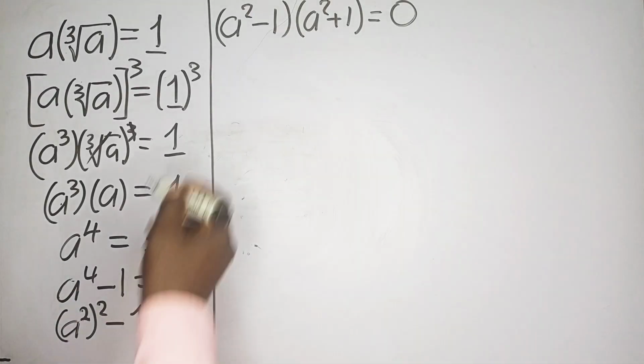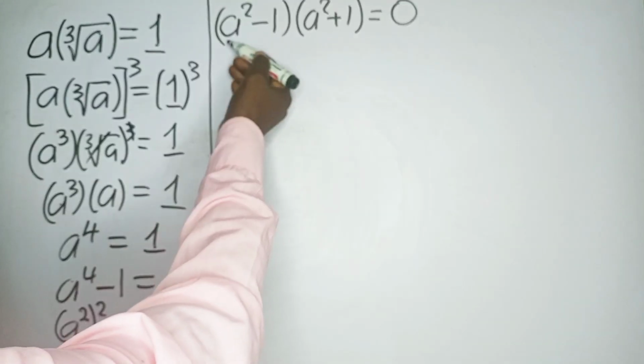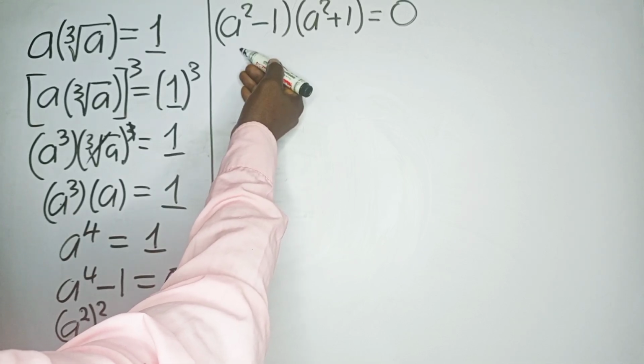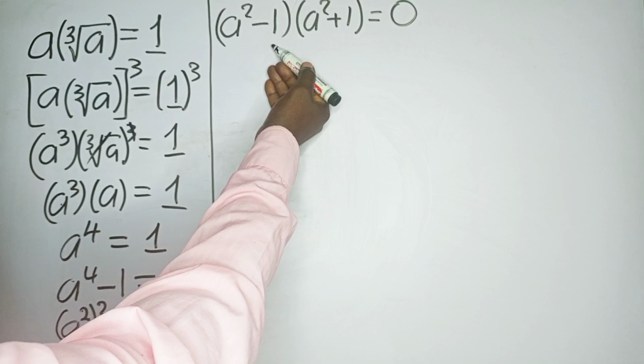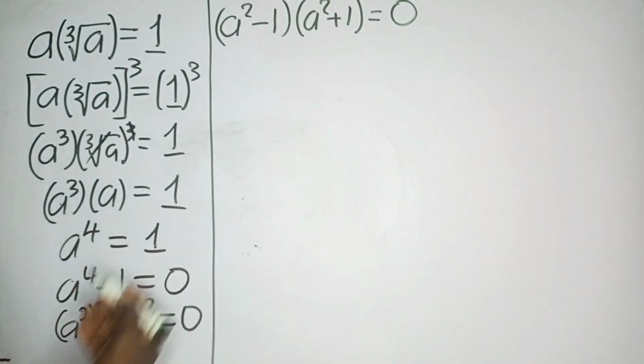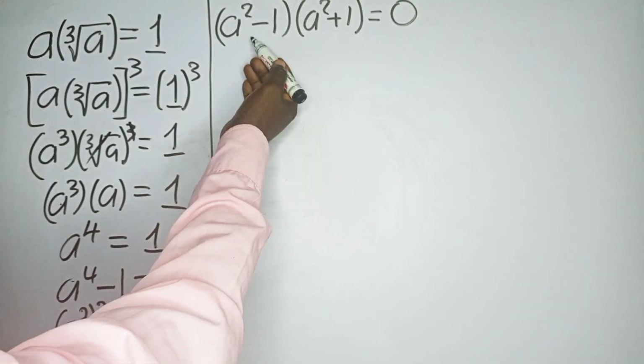Now looking again at this first factor, a squared minus 1, it is a difference of squares. The same reasoning that we carried out here, we'll carry out here.